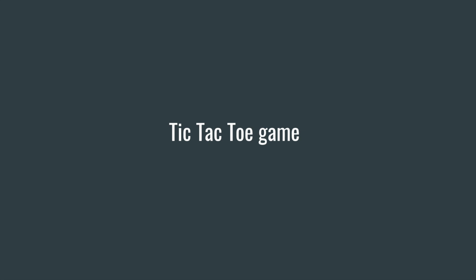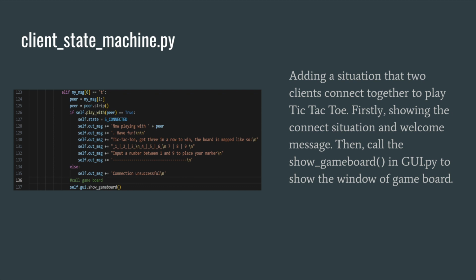As for the tic-tac-toe game codes, firstly, in the client-state machine, we add a situation that if the message begins with T, 2 clients will connect together to play the game.